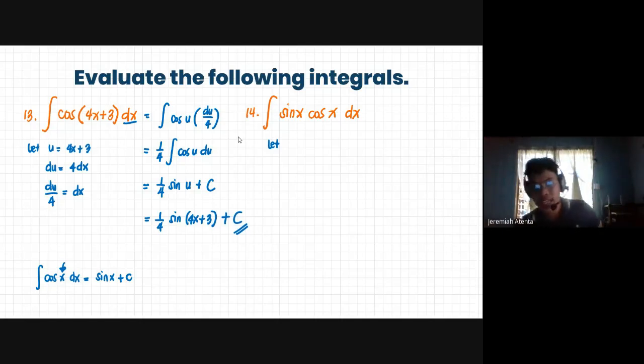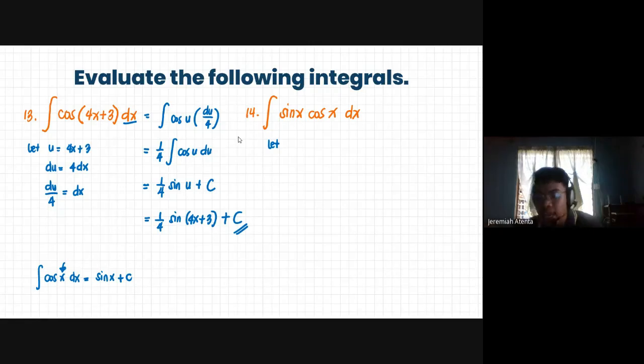Si cosine, sir. Si cosine kasi yung ano bang derivative ni cosine? What is the derivative of cosine? Derivative ng cosine is sine x. Derivative ha, I'm talking about derivative, not integral.